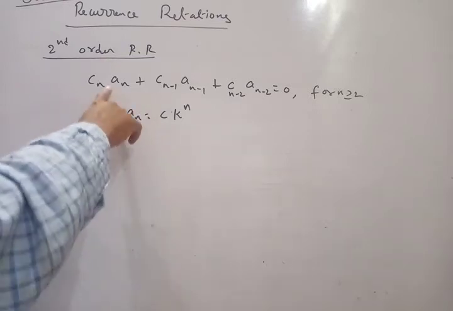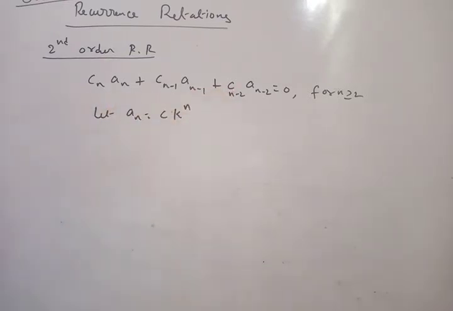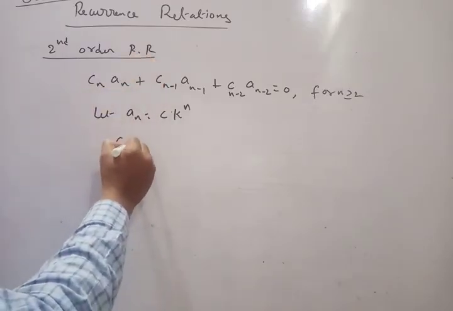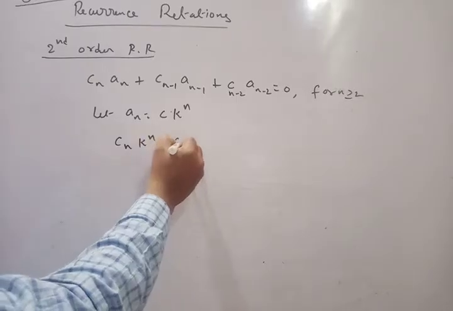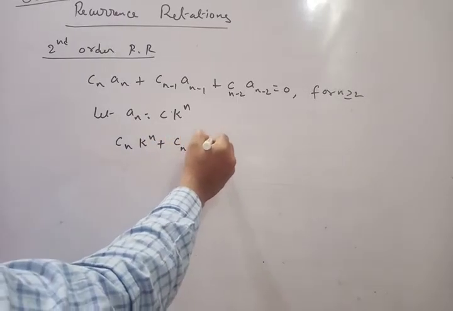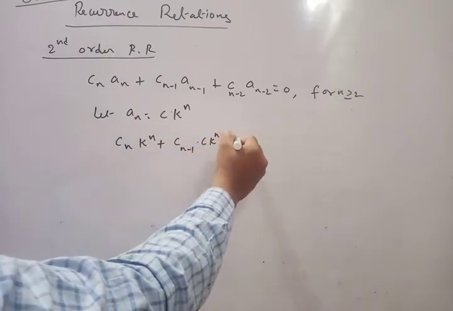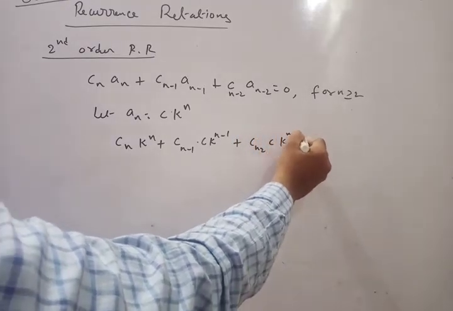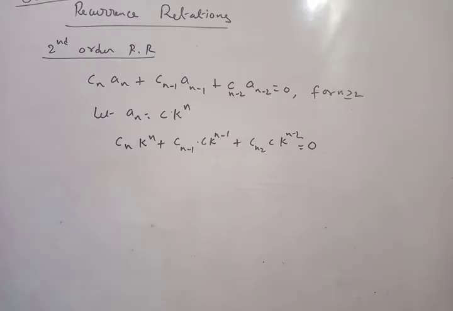Okay, then we have to substitute here. Then if I simplify, I get this recurrence relation in the form c_n c k^n + c_{n-1} c k^{n-1} + c_{n-2} c k^{n-2} = 0, right?